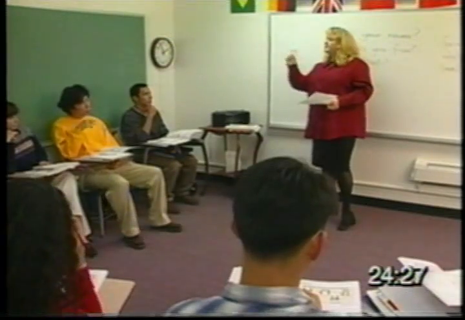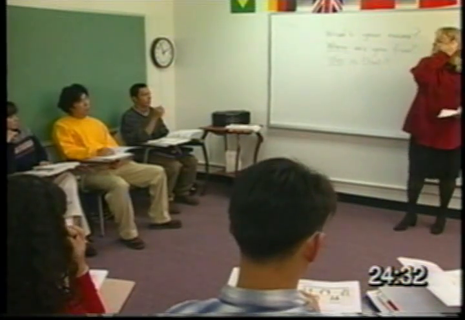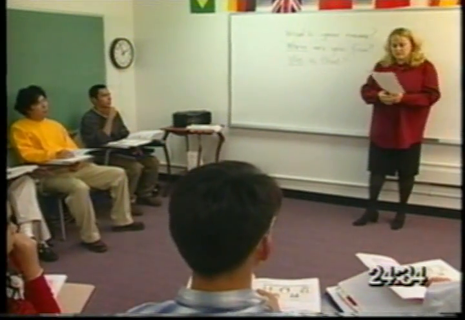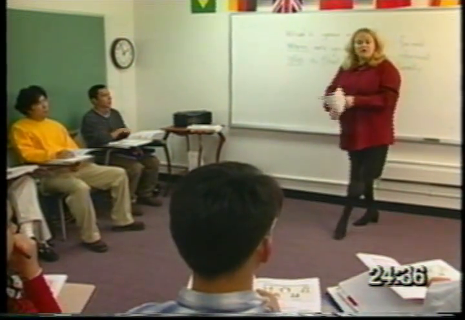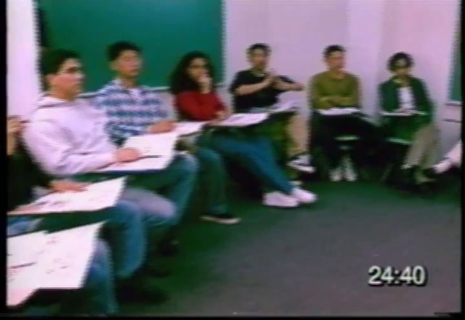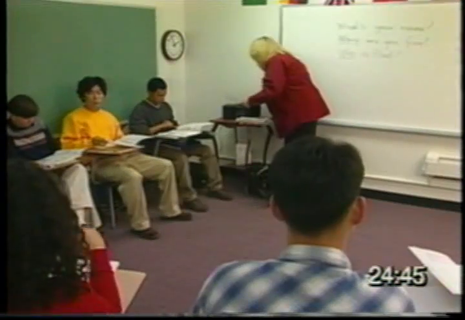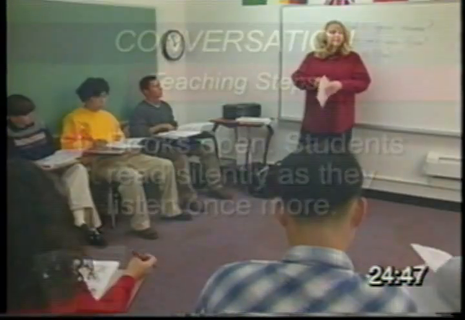Tom and Paulo. Yeah. Where is Paulo from? Brazil. He's from Brazil. Good. Is Paulo a student? Yes. English student and engineer. Excellent listening. Excellent listening. We're going to listen to it one more time.